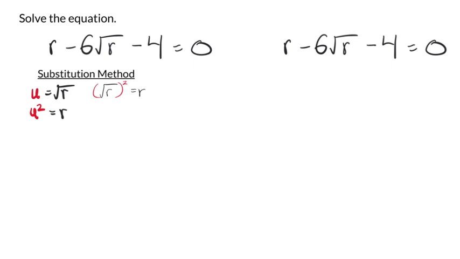So with this then, we can use substitution in the original equation. So in the original equation, r minus 6 square root of r minus 4 equals 0, we're going to take those r and the square root of r and replace them with the values that we now have for substitution. So that's going to be u squared minus 6u minus 4 equals 0.